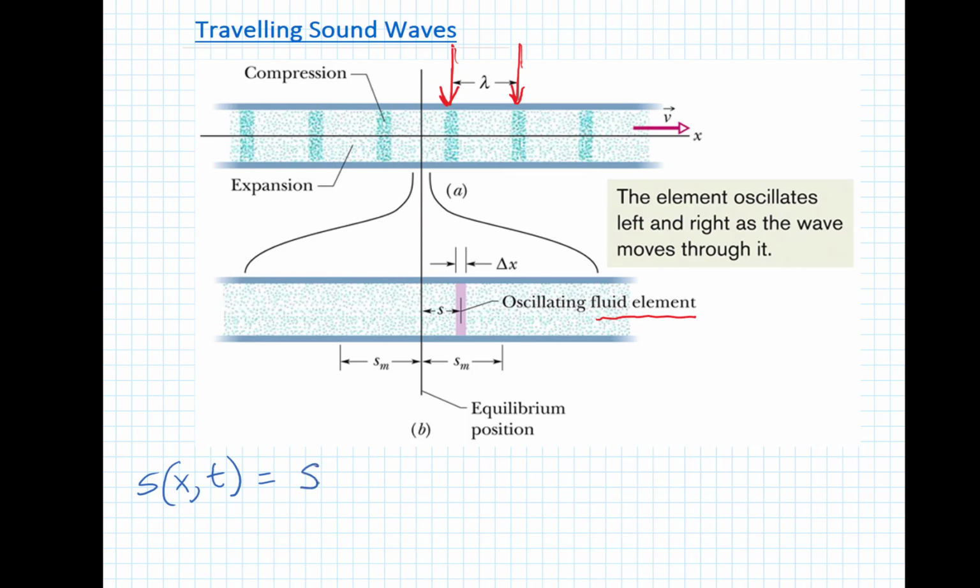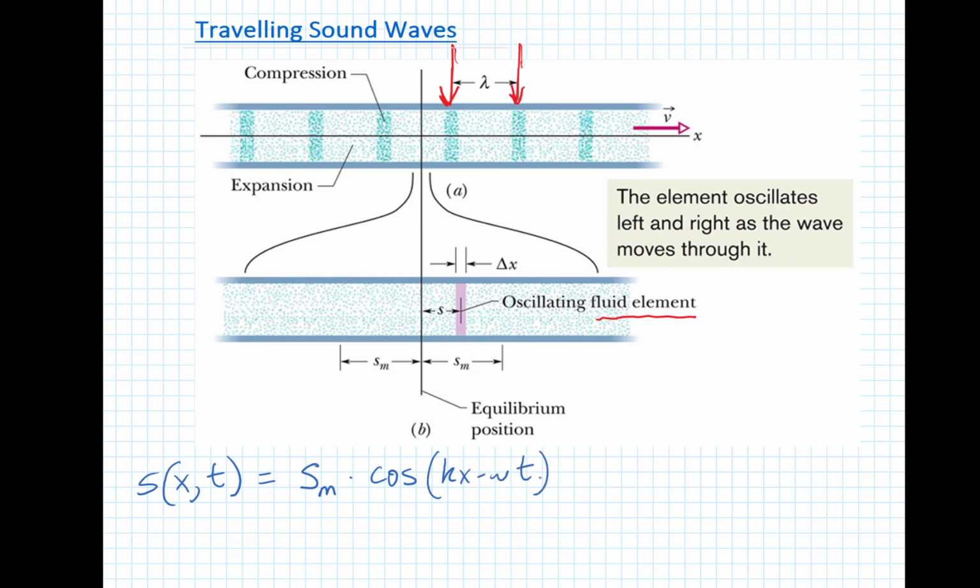So here we'll use the same notation as the picture here for the maximum position Sm, but that's the same as the amplitude A, times some harmonic function. So it turns out we can model the oscillation of the fluid element with the same idea as we looked at in the transverse waves. That comes from the model of waves and simple harmonic motion.